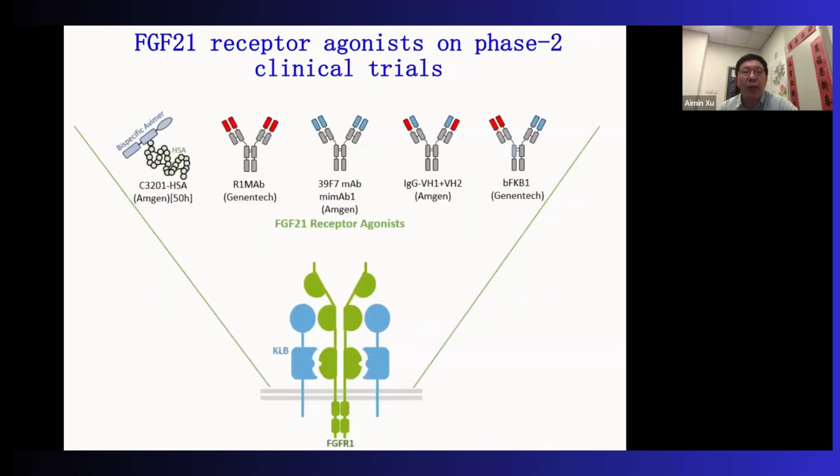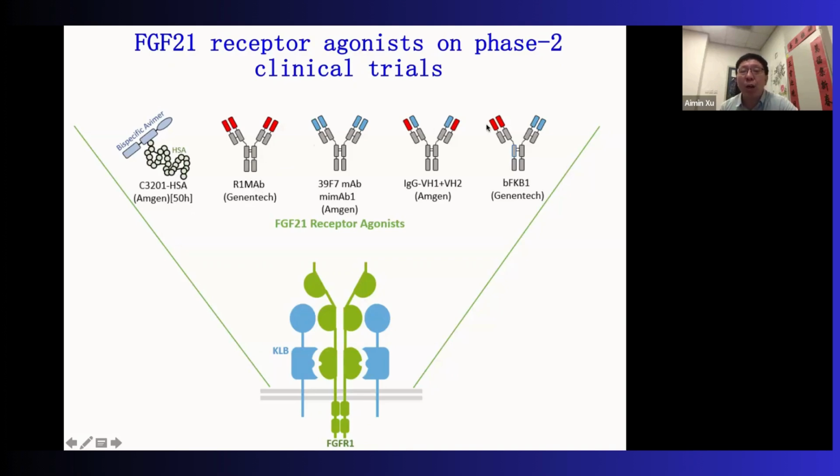Additionally, FGF21 receptor agonists have also been developed. For example, one company has developed a bispecific antibody, completely artificial, that can bind to the FGF21 receptor and activate its signaling. Genentech has developed monoclonal antibodies targeting FGF receptor R1 only.